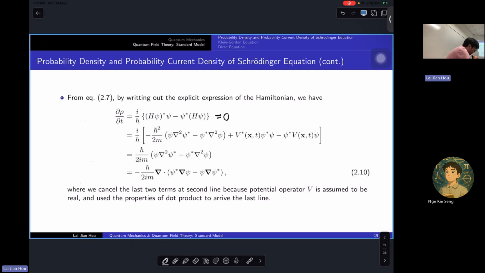Because H here we express as the kinetic part and the potential part. It doesn't matter how you express your H; the first row, the two things are zero. Left is zero, right is zero. So what's the point of putting zero from zero?